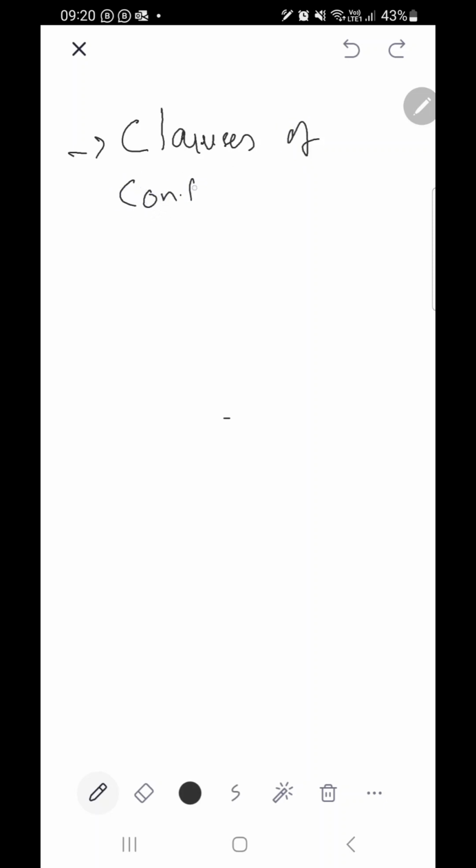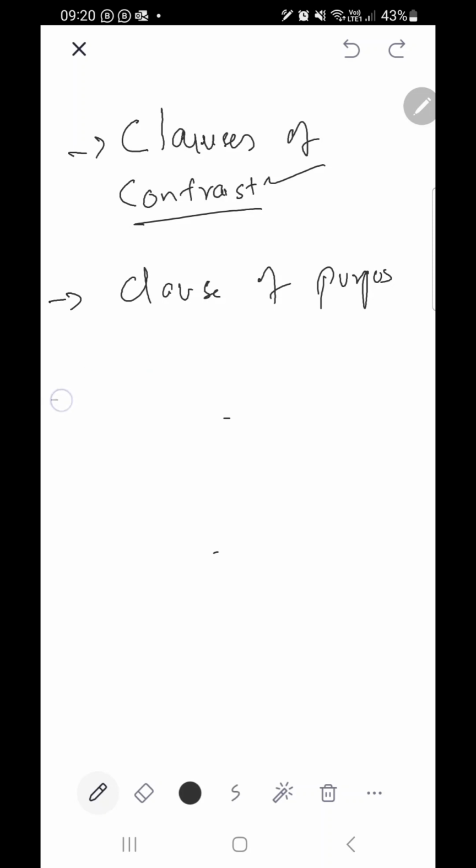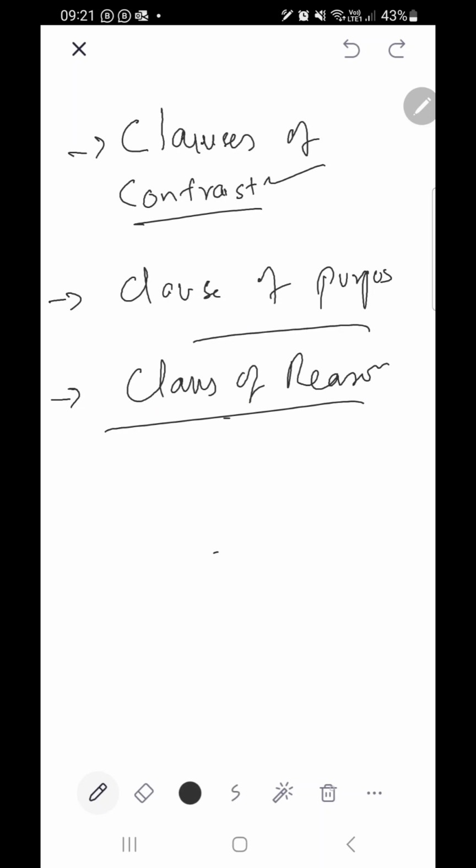Clause of contrast. Let's say there are rules that we have to use. We have clause of purpose, and we have clause of reason. So let's start with the contrast clause. In the clause of contrast, we have to contrast between two things.